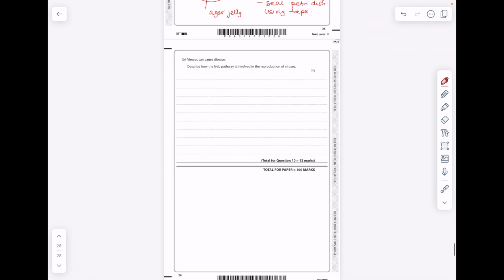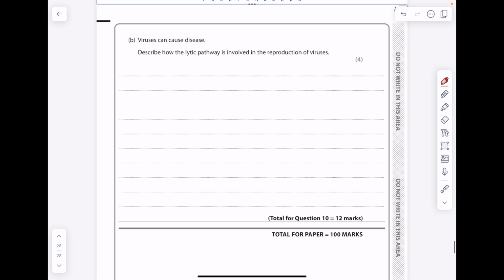Viruses can cause disease. Describe how the lytic pathway is involved in the reproduction of viruses. Right, so we start by saying that the virus inserts its DNA or RNA into the host cell.